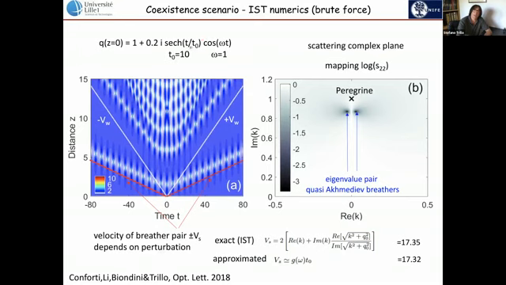So for example, an envelope of such a type modulating again a pair of sidebands, and actually doing the IST of this initial condition to show that there are two eigenvalues that correspond to the breathers, but there is also something which is not discrete spectrum, and that gives rise to the auto-modulation, and the two coexist.